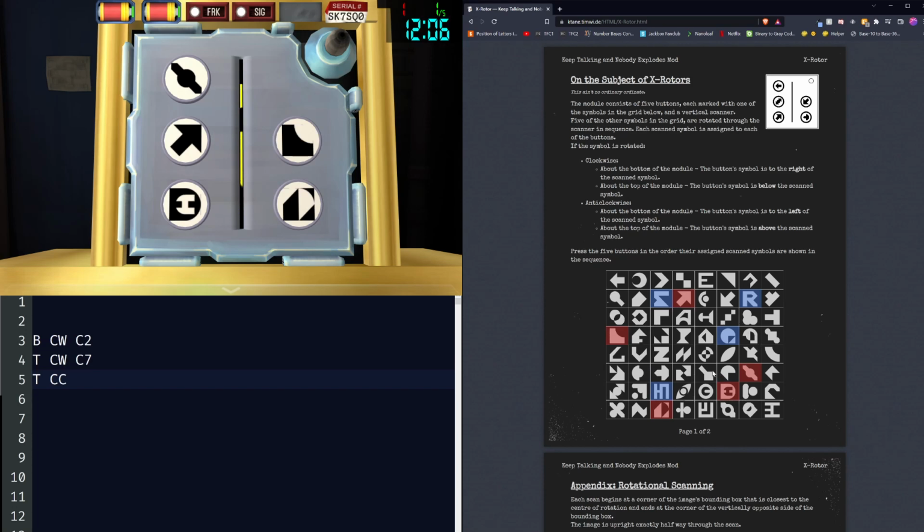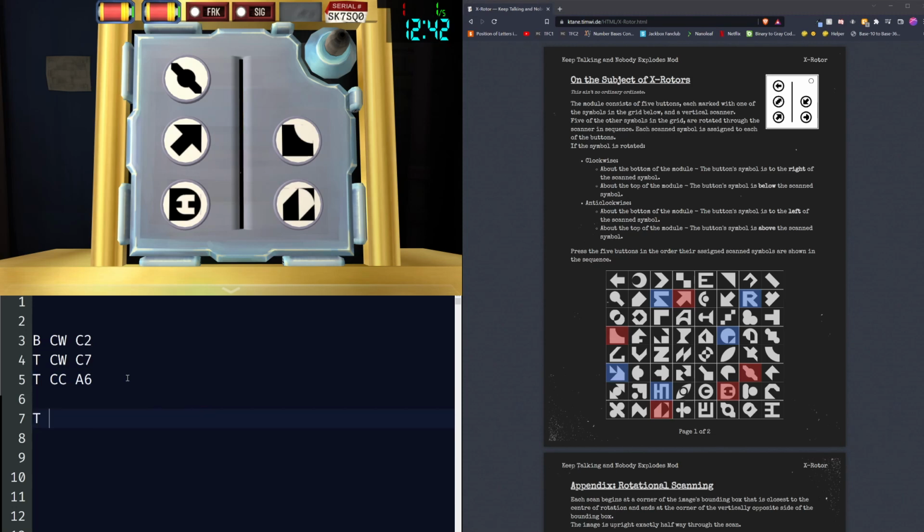Which one is it? Where are you? Now I just can't remember what it looks like. It's the one where it has like a weird outside part. No, it's not. Where are you? Right there. Top counterclockwise A6.